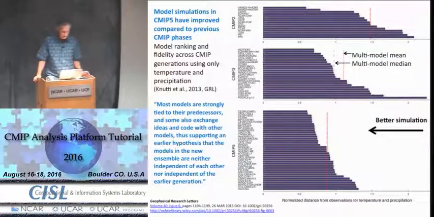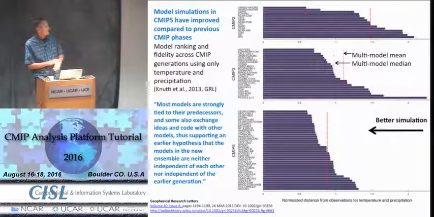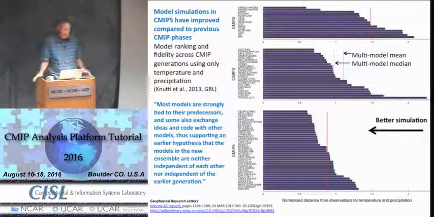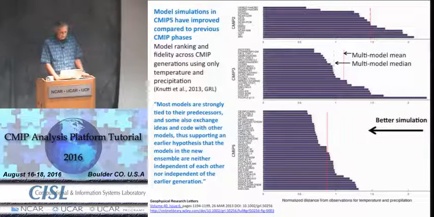Here's a plot from one of Reto's papers. This is just showing that models are getting better. This is an evaluation based on 2 features of the simulation, temperature and precipitation, going from the CMIP 2 models at the top, the CMIP 3 models in the middle, and the CMIP 5 models at the bottom.